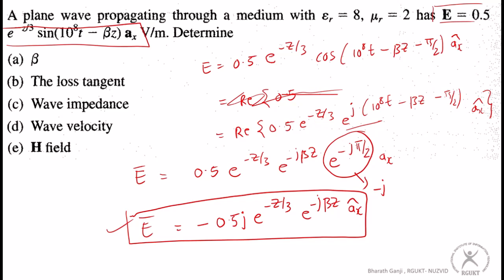Now, to get the magnetic field from the expression in phasor domain, we divide with respect to eta. Magnetic field is equal to electric field divided by eta. That's wrong. The magnitude of the electric field is divided. So what is the magnitude of this field?